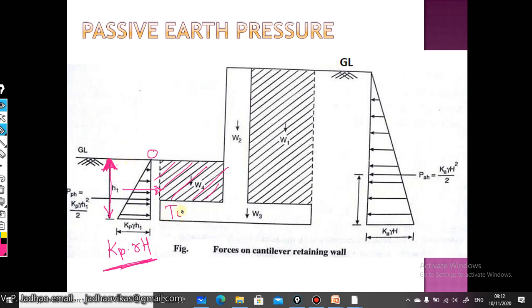This is the toe end of this retaining wall. This is your heel end, this complete portion is called the base slab, and this particular portion is called the stem.